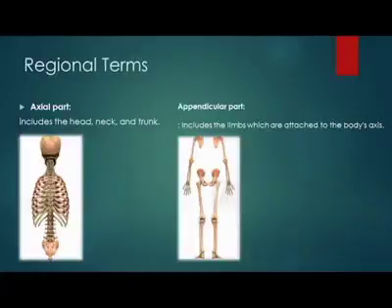In the case of appendicular part, they include the limbs which are attached to the body axis. So axial part includes the head, neck, and trunk. At the same time, the appendicular part includes the limbs which are attached to the body axis.